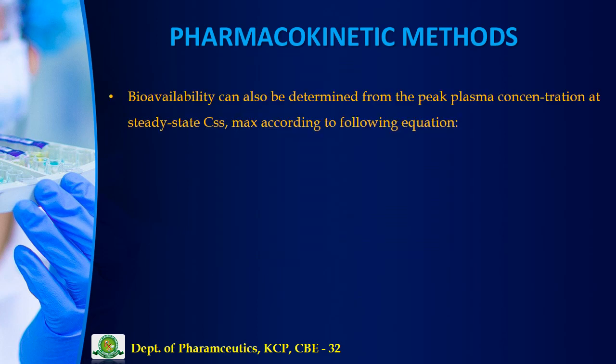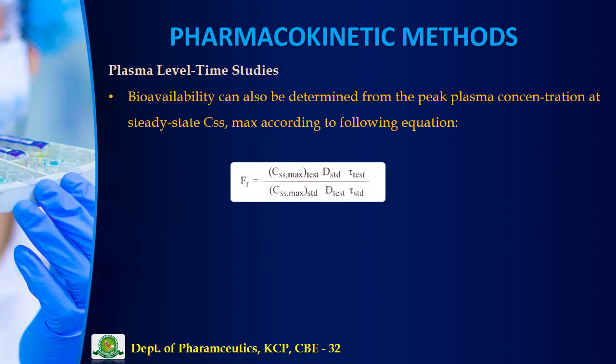Bioavailability can also be determined from the peak plasma concentration at steady state, CSS,max, according to the following equation. The equation is F equals CSS,max test divided by CSS,max standard, into D standard divided by D test.